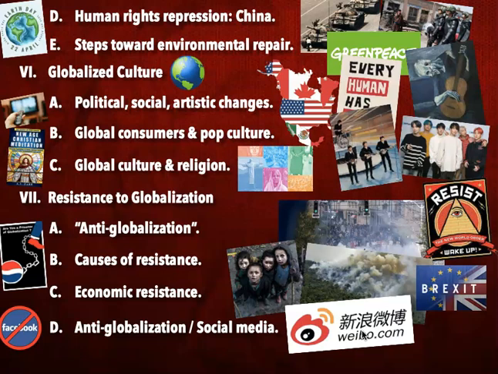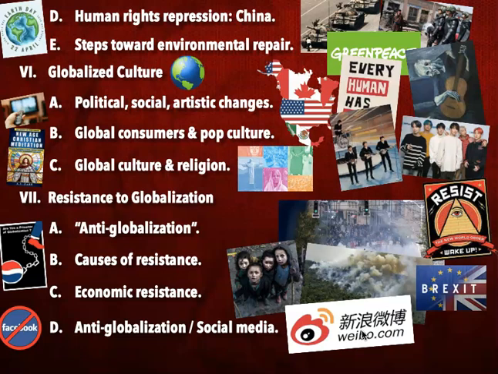And then definitely we've seen the rise of anti-globalization with the rise of social media. I'm looking at Weibo over there on the right side, China's own response to Facebook. China controls its social media tightly.